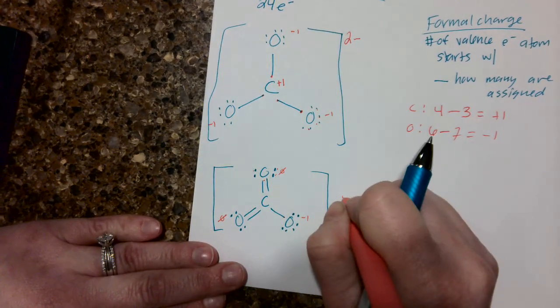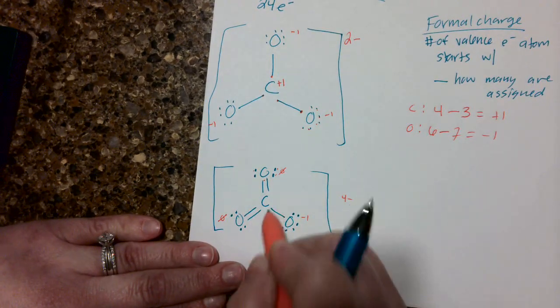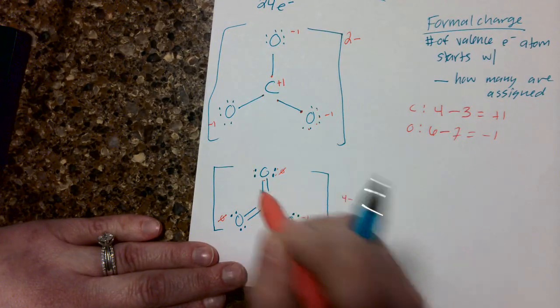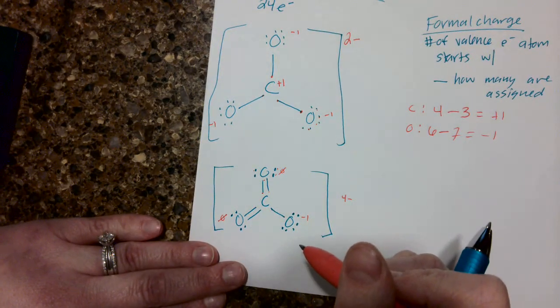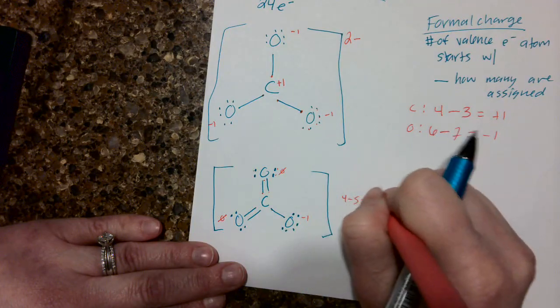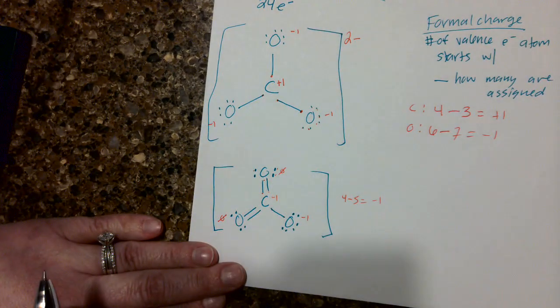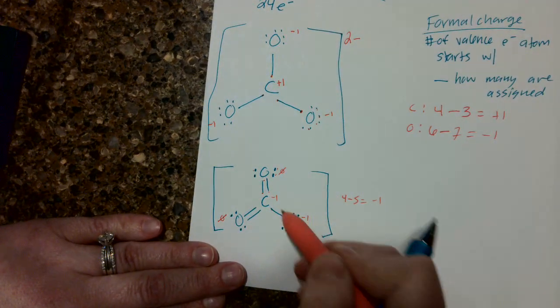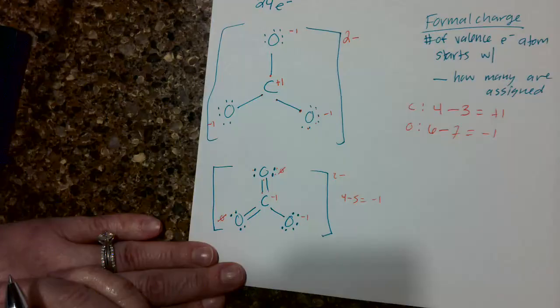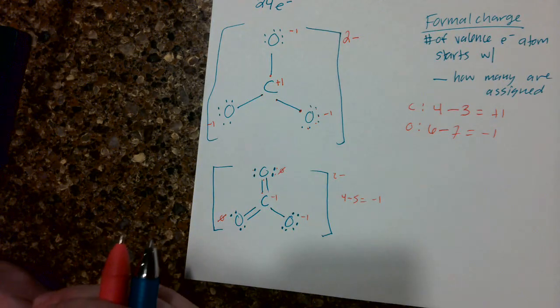Carbon starts with 4 electrons, and we are claiming now that he has 1, 2, 3, 4, 5. The way we're drawing him, we're saying that he had 5 electrons that he had to bond. 4 minus 5 is -1. So 0 plus 0 plus -1 plus -1 does add to that -2 charge we need. So this is still a possibility we can consider.